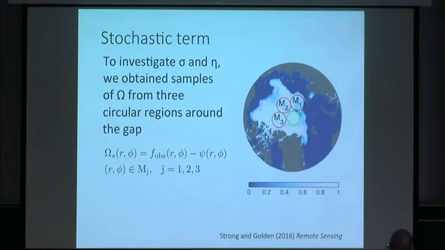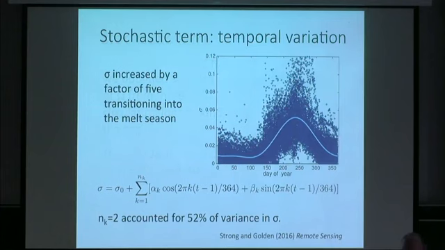And what we found through this analysis was that the parameter eta, which is the e-folding length scale of the spatial correlation, was reasonably constant throughout the year, but the parameter sigma varied markedly. So the amplitude of the deviations from Laplace's equation changed rapidly and markedly moving into the melt season.